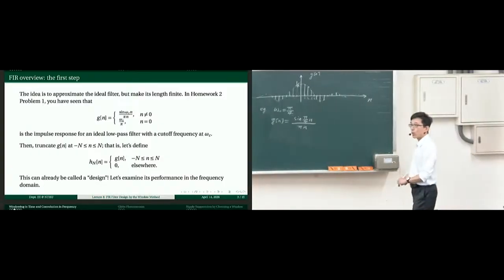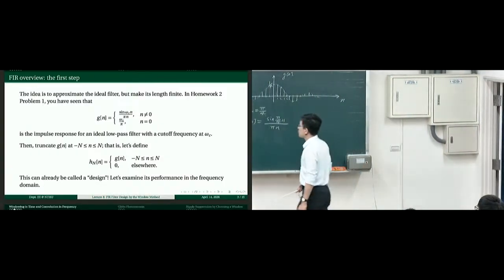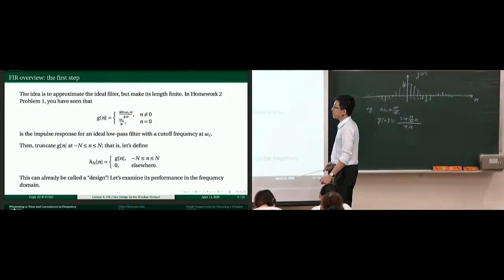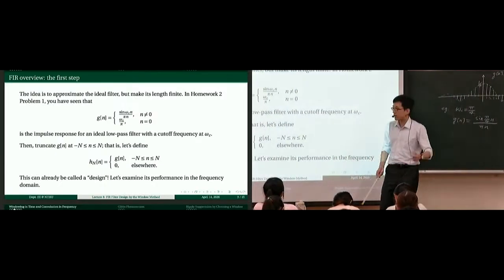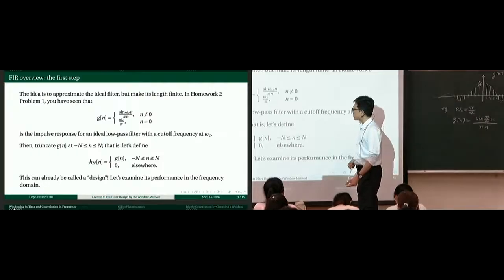So therefore, quickly, people came up with some naive idea. This is naive. People came up with a naive idea of truncation.